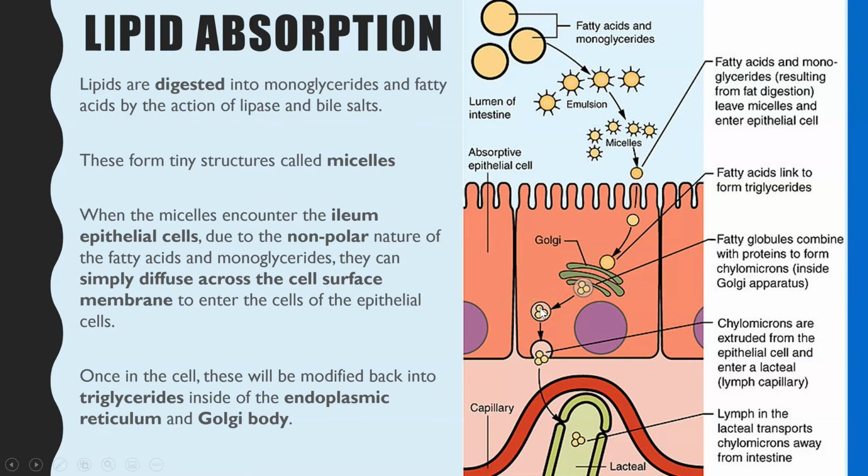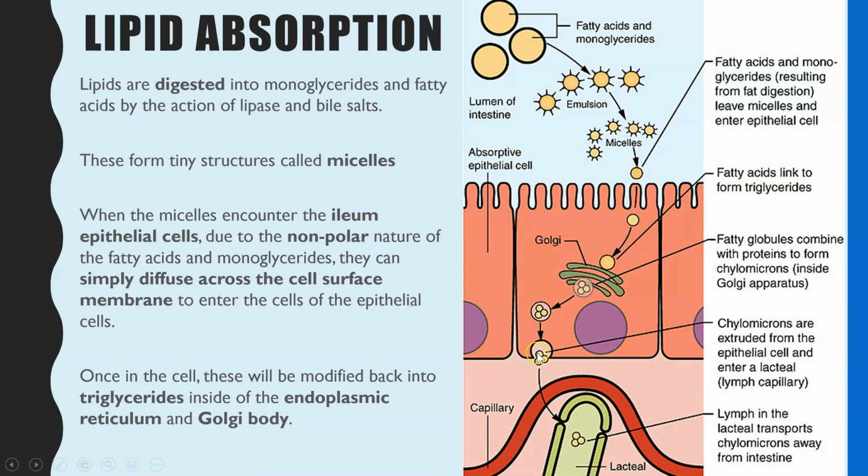The Golgi vesicle then moves towards the other end of the epithelial cell, and it is released by exocytosis, meaning it is then just released from the cell. The vesicle fuses with the membrane, and that releases the contents. How that then gets absorbed into the rest of the body is through this lacteal, or sometimes it's called a lymph vessel.